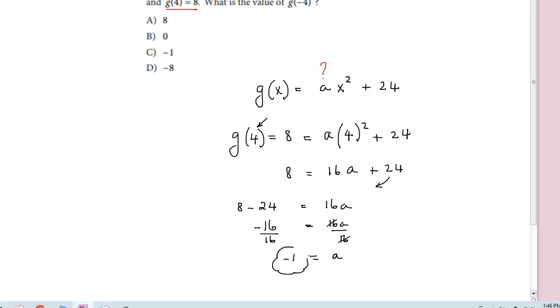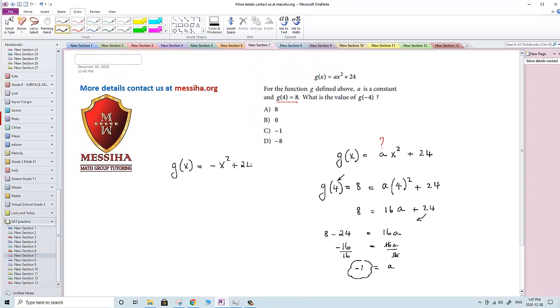So this is the first thing that I needed, which is very important. Now I can change the function g(x) to -x squared plus 24. Now the question is asking, what is the value of the function at -4? So g(-4) means I substitute the x with -4. That means negative x, which means -(-4) squared plus 24.